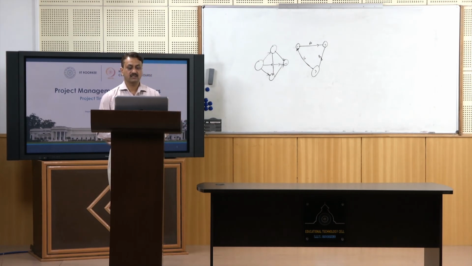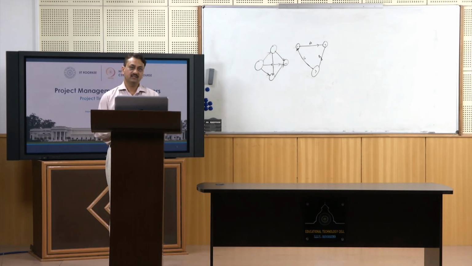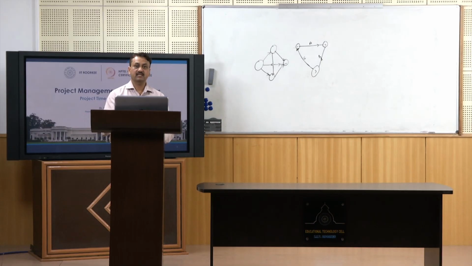network. So, let us say you are moving from your old house to new house, right, and in doing this you need to perform several activities. So, you need to look at several houses, right, you need to review houses, then finalize your requirements, engage architect if needed, evaluate alternate designs.